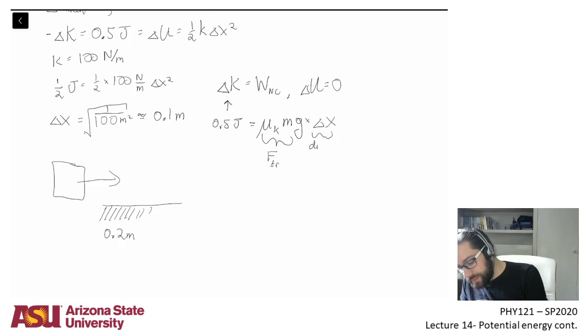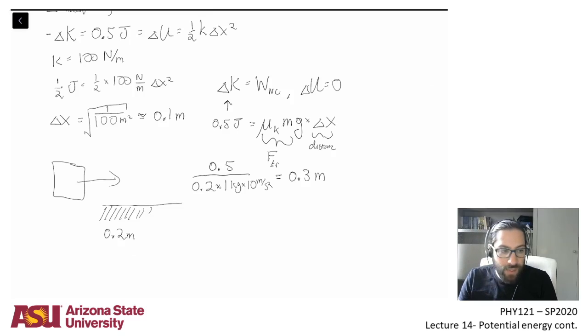This is the distance the box will travel. Therefore, we get 0.5 over the kinetic friction coefficient, which is 0.2, times 1 kilogram, and g is 10, which is equal to 0.3 meters, approximately.